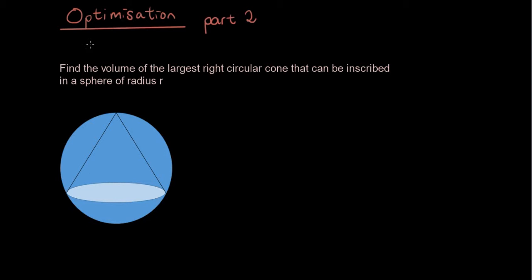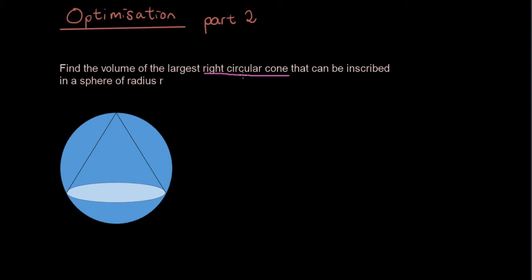The question is, find the volume of the largest right circular cone that can be inscribed in a sphere of radius r. So I have drawn the diagram for you already to show you what a right circular cone is.